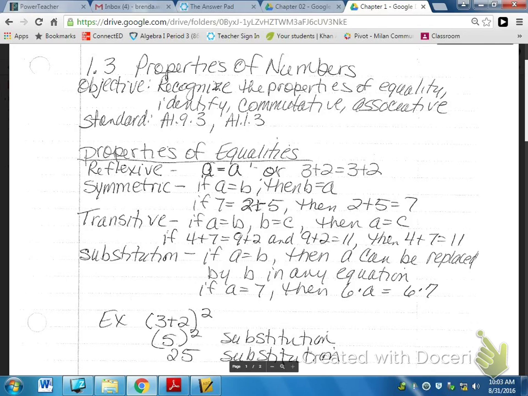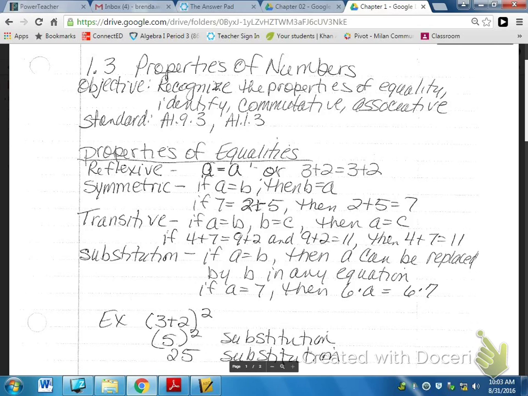If 4 plus 7 is equal to 9 plus 2, and you know 9 plus 2 equals 11, then you can conclude that 4 plus 7 must also equal 11.